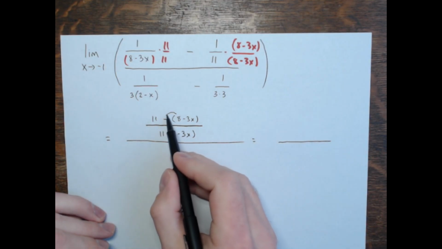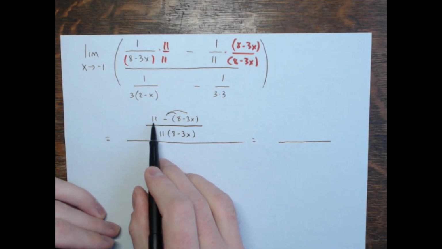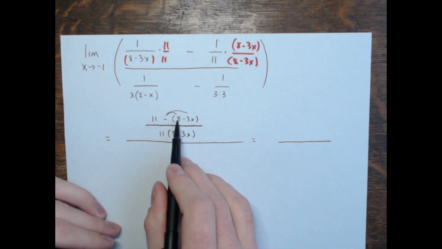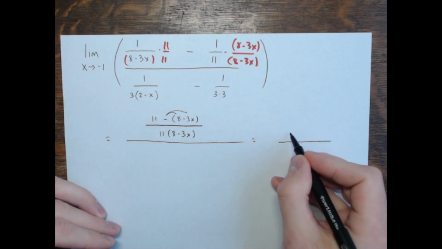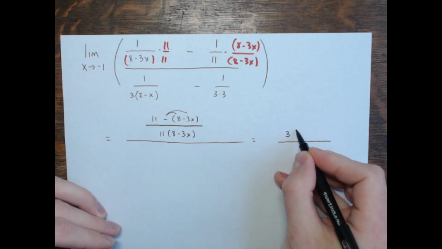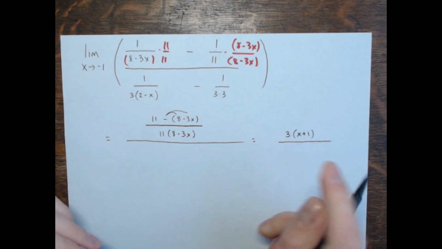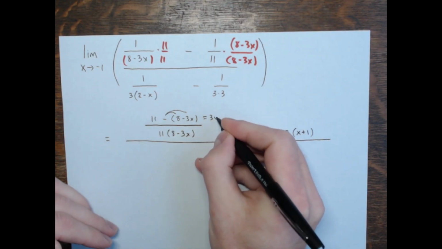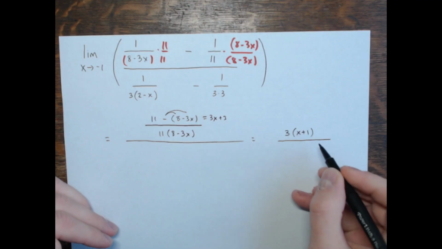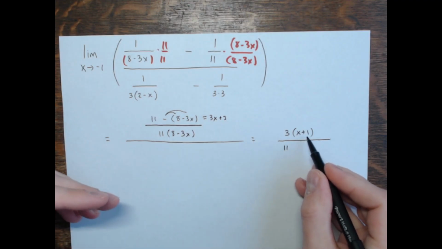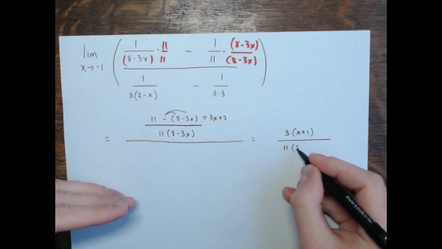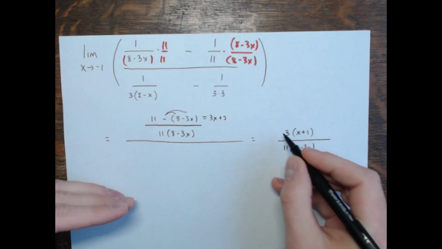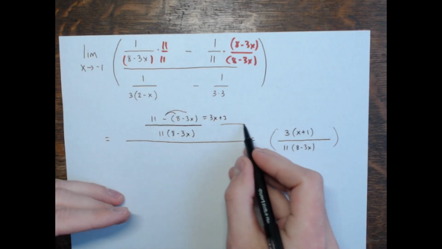And if you distribute the negative here, 11 minus 8 is 3, and then plus 3x. So it's 3x plus 3, which is 3 times the quantity x plus 1, right? This is 3x plus 3, which I factor out of 3. And I told you there'd be an x plus 1 factor eventually showing up here that we're going to eventually cancel. All right, so here's the numerator as a single fraction.